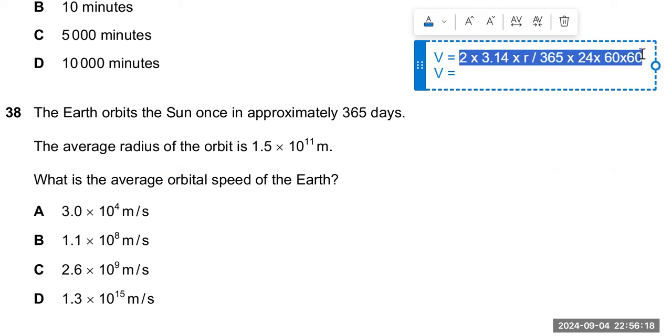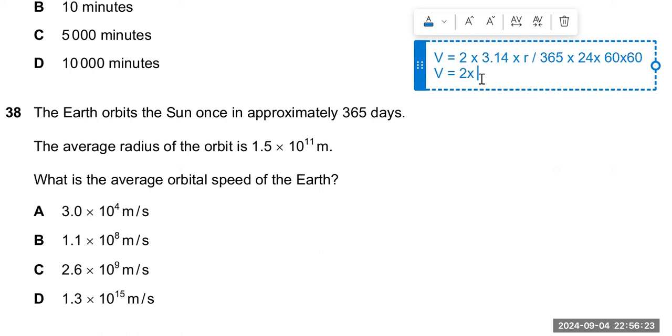So I will write 2 multiplied by 3.14, and the value of r is 1.5 multiplied by 10 raised to the power 11.